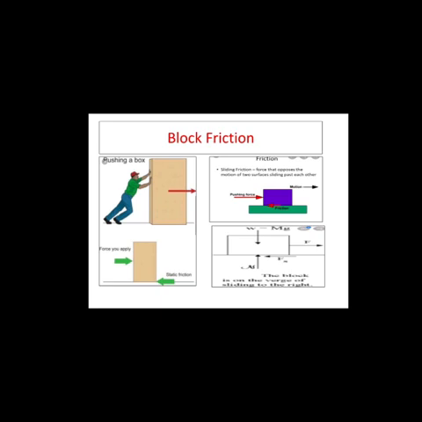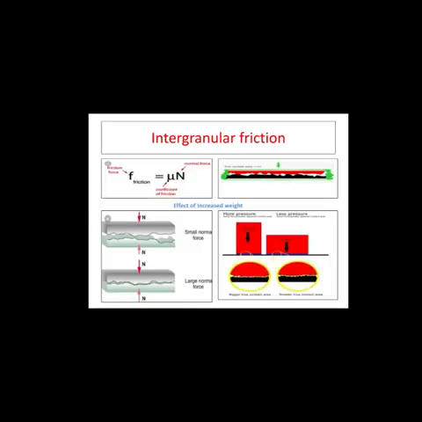This frictional force Fs increases with increasing pulling force F up to a certain limit. Thereafter, the block starts moving, that is, it overcomes the frictional resistance Fs at the interface.